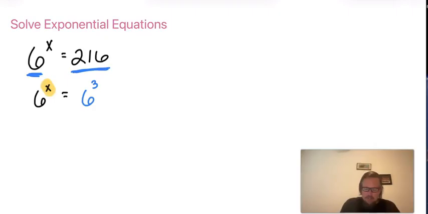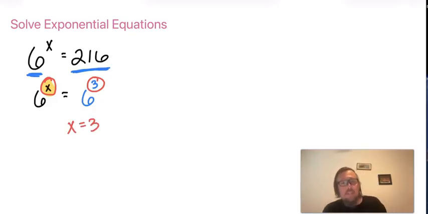And obviously the answer is 3. If the bases are the same, the exponents would also have to be the same, so x equals 3. As it turns out, 3 equals 3. So 6 to the third equals 6 to the third. So all we have to do is rewrite the equation so that the bases on each side are the same, and then we make the exponents equal to each other.